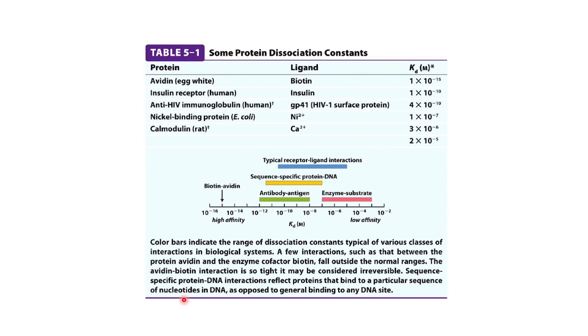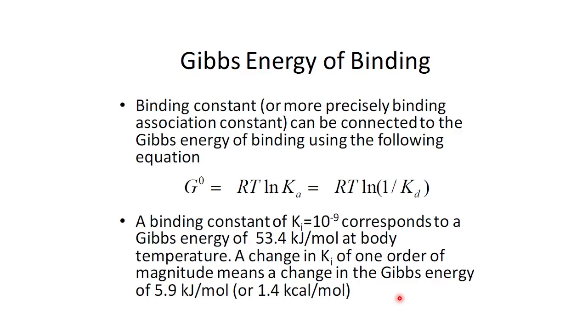And the sequence specific protein DNA interactions reflect proteins that bind to a particular sequence of nucleotides in the DNA, as opposed to general binding to any DNA site. So these are comments on the Kd values and the binding affinities.